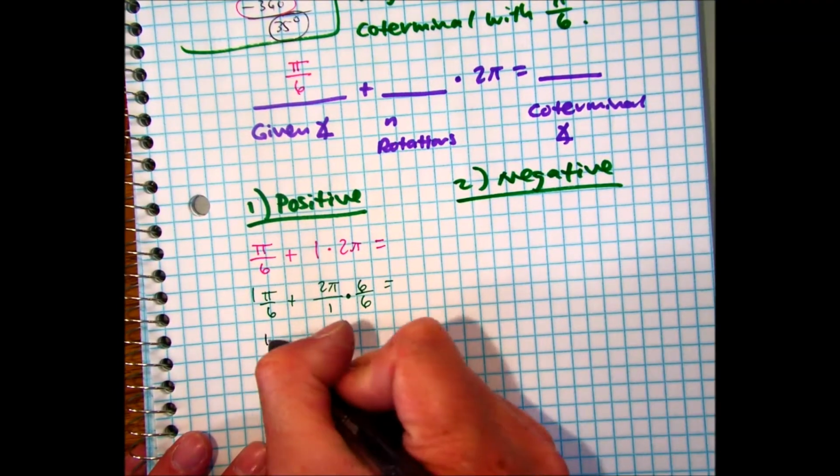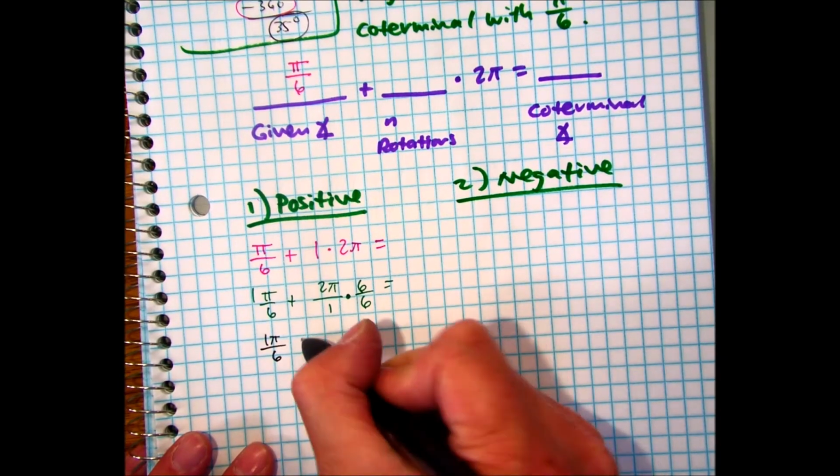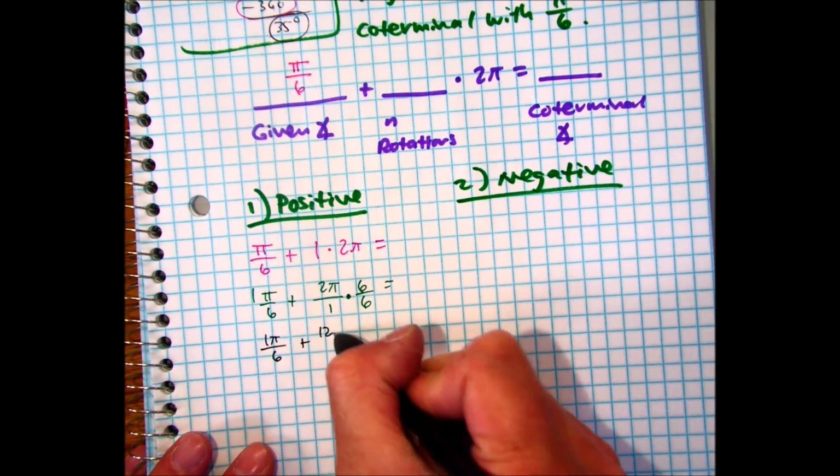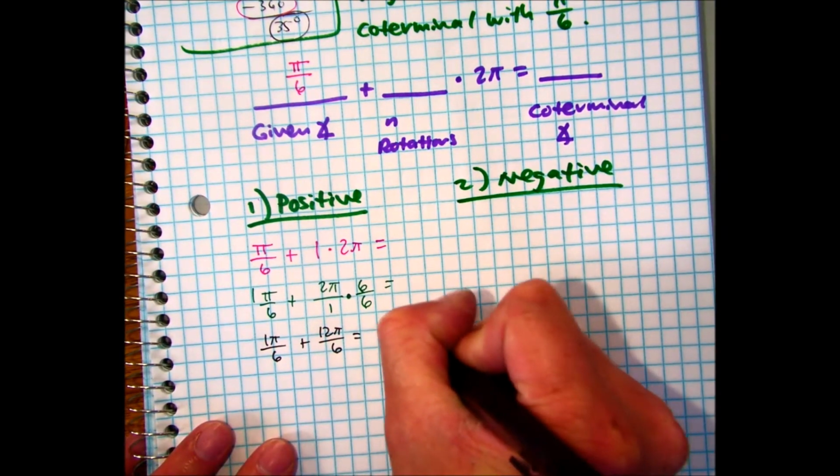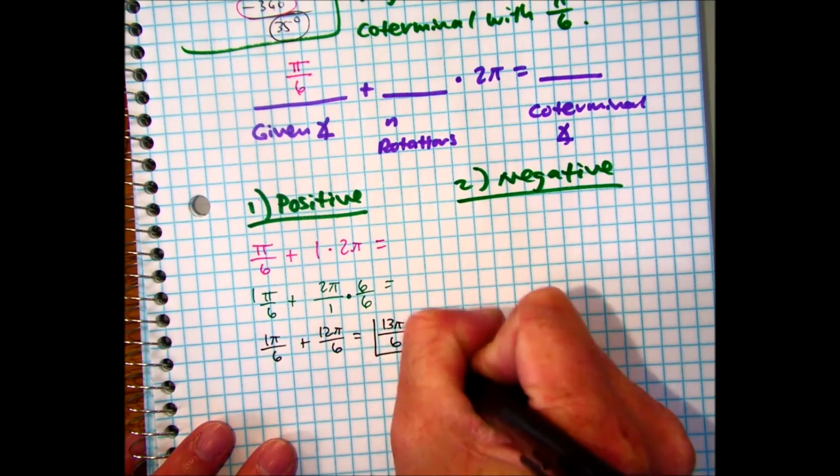So now I have 1 pi over 6 plus, multiply across, 12 pi over 6. And then we just add the numerators, class. 1 plus 12 is 13. So my answer is 13 pi over 6.